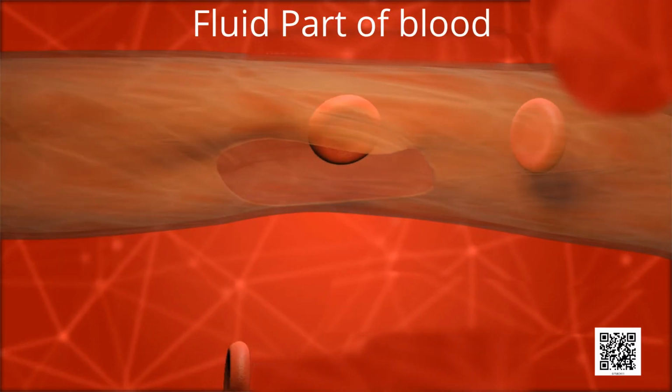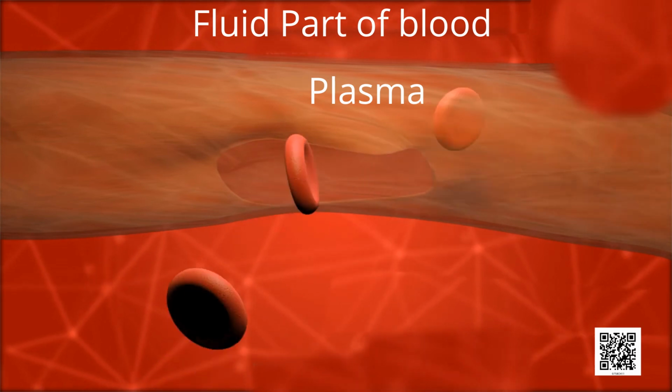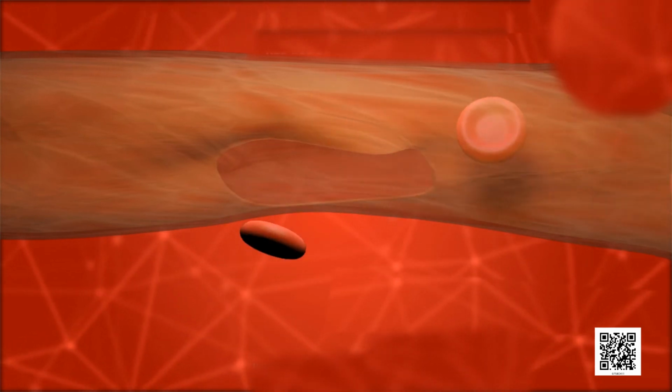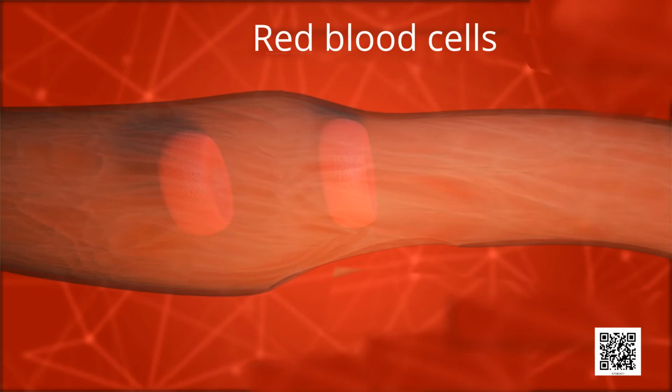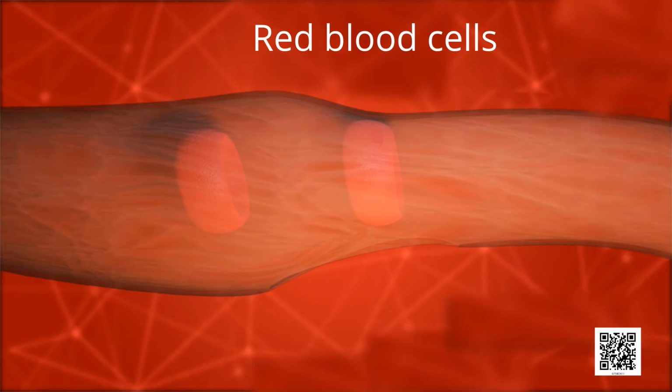The fluid part of blood is called plasma. It has three kinds of cells suspended in it. First type of cells are called red blood cells or RBCs.